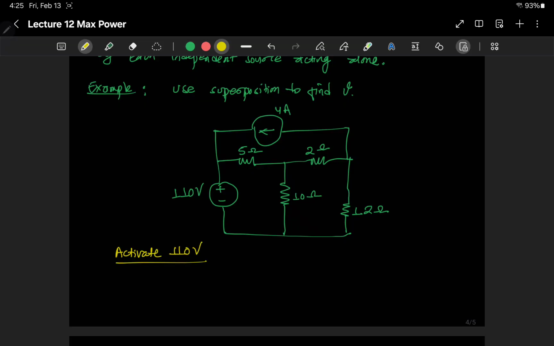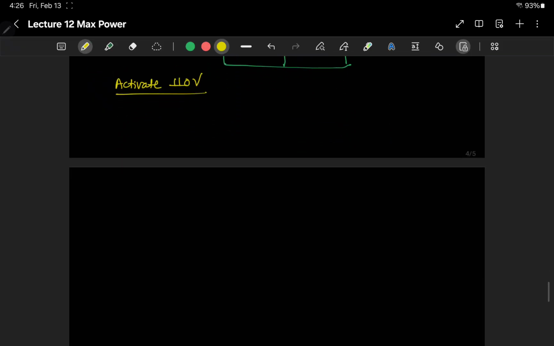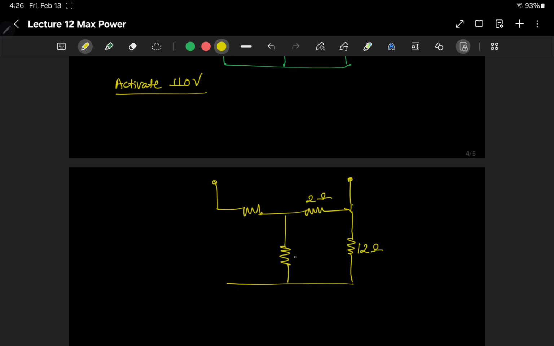That means we have to deactivate this 4 ampere source, which means open circuiting the 4 ampere source, because current sources are open circuited. That will give us our new circuit with 12 ohms, 2 ohms, 10 ohms, and then your voltage source of 110 volts. This is 5 ohm.